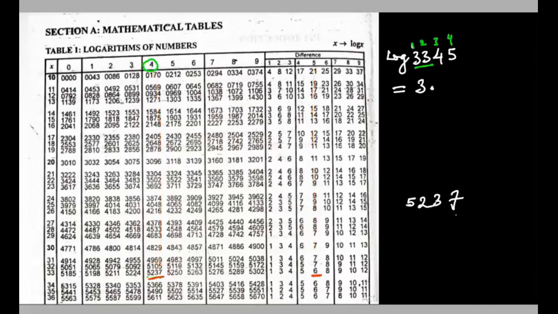I add 7 plus 6 is 13, 3 carry 1, 1 plus 3 is 4, then 2 and 5. So our answer is now finally 5, 2, 4, 3.